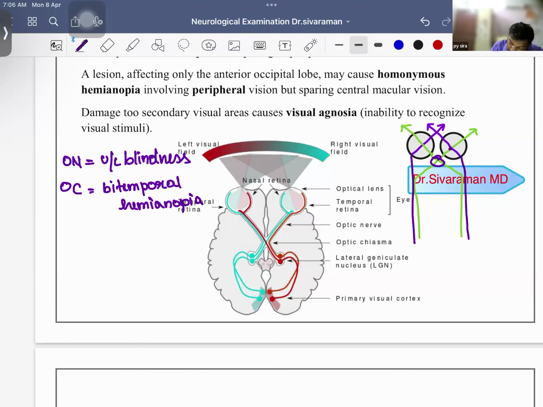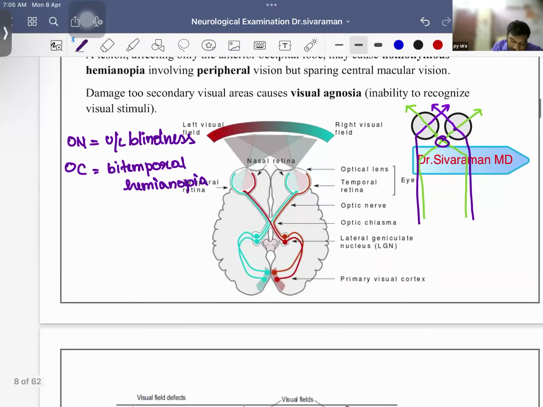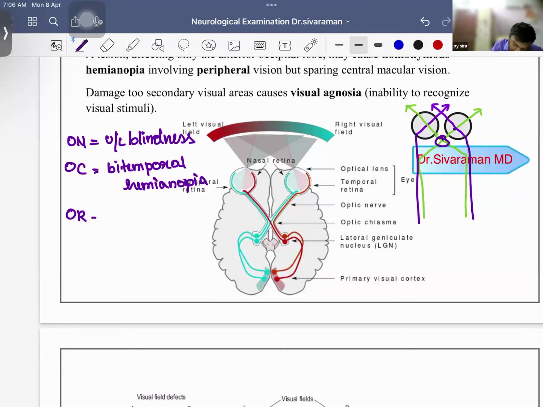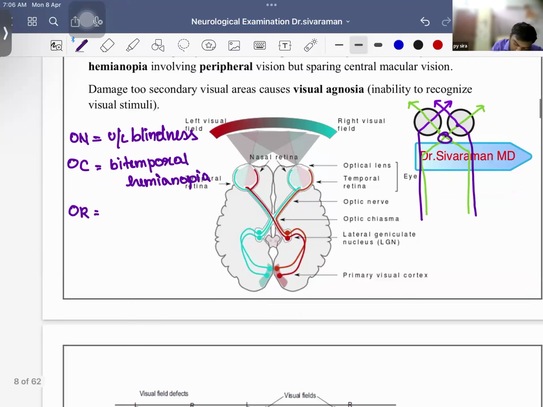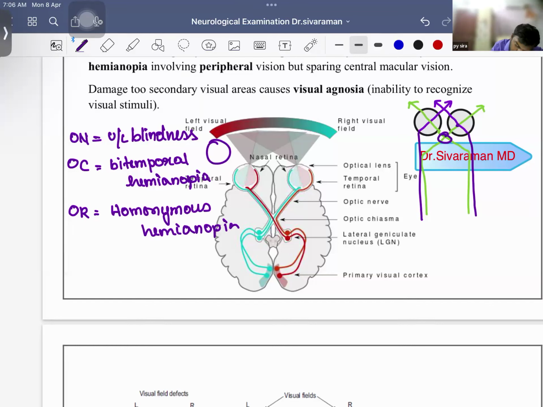Next, the fibers after the optic chiasma are called optic radiations. Whenever there is optic radiation involvement, they get homonymous hemianopia.